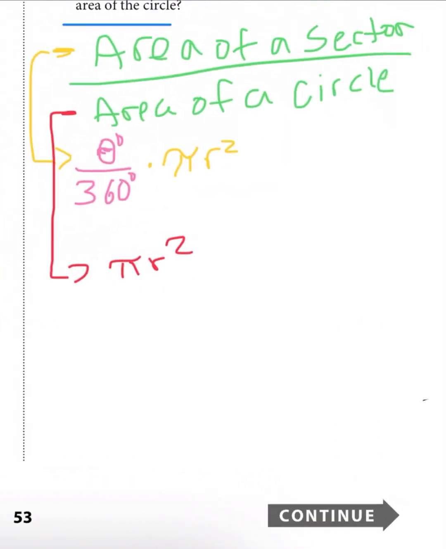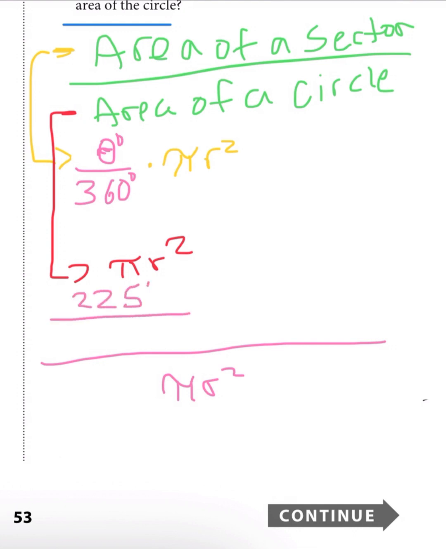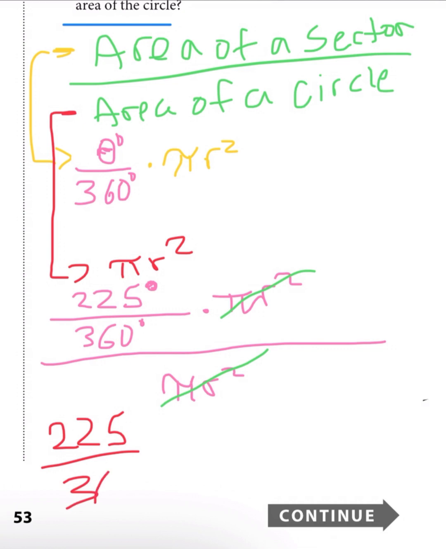So now let's solve it. You're still going to get the same answer. So you do 225 degrees over 360 degrees, and then times pi r squared. And then the pi r squares cancel out again, and you're left with this fraction, 225 over 360.